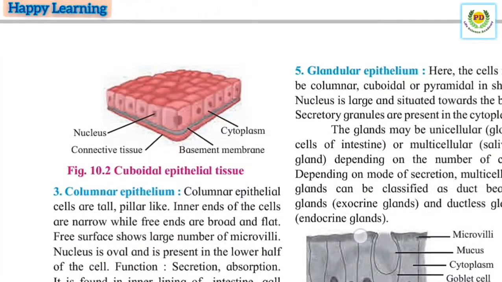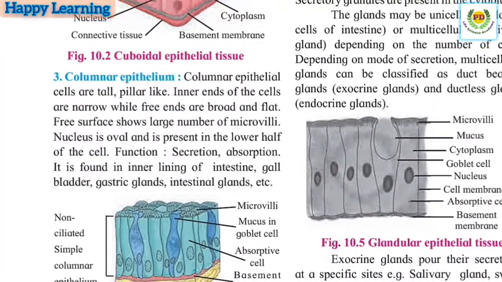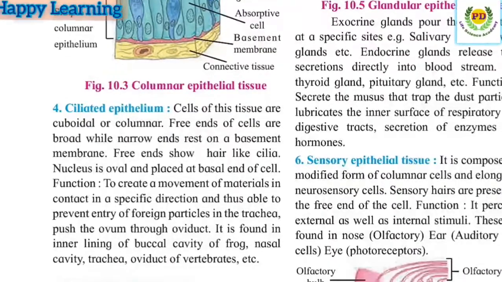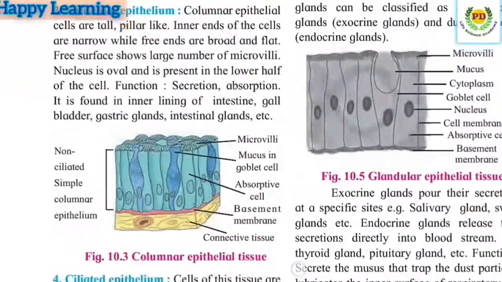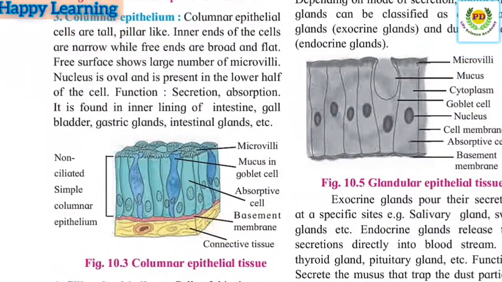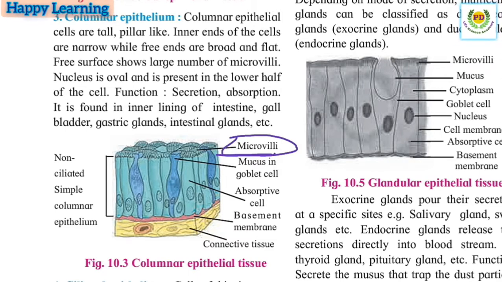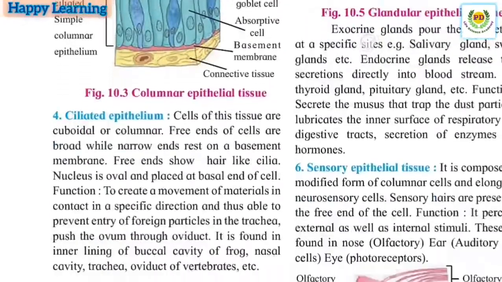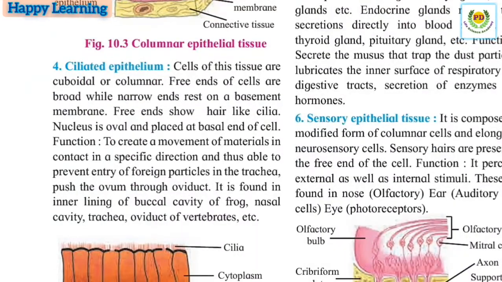Third is the columnar epithelial tissues, which show goblet cells, absorptive cells, and the nucleus is placed at the base. Next, the fourth is the ciliated epithelium. In columnar epithelium, there is development of microvilli at the upper portion, whereas in the ciliated epithelial cell, there is development of cilia.